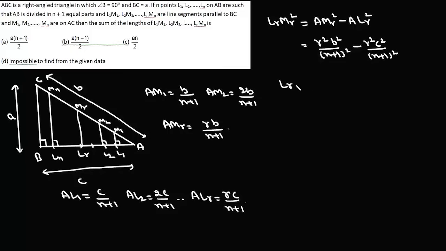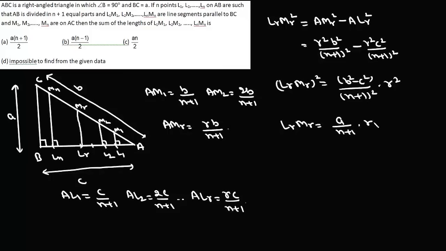So we can write LrMr square will be b square minus c square upon n plus 1 whole square into r square. Now b square minus c square is nothing but a square. So this length LrMr will be simply a upon n plus 1 into r.